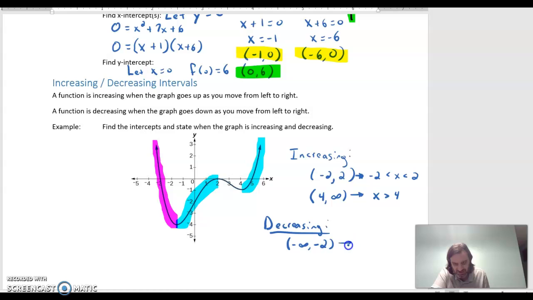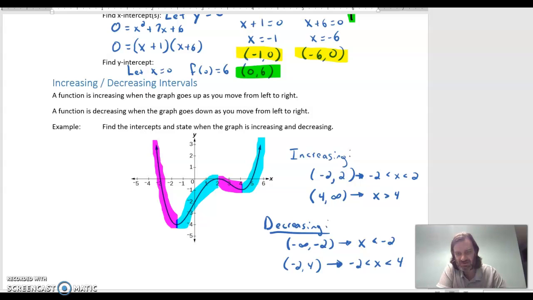So we could write that, in inequality notation, as x is less than -2. It looks like it's also decreasing from 2 to 4. So from 2 to 4, and if you wanted to write that as an inequality, you could go 2 is less than x is less than 4. You don't need both the inequality and the interval notation, but just to make sure you understand it's not a point.